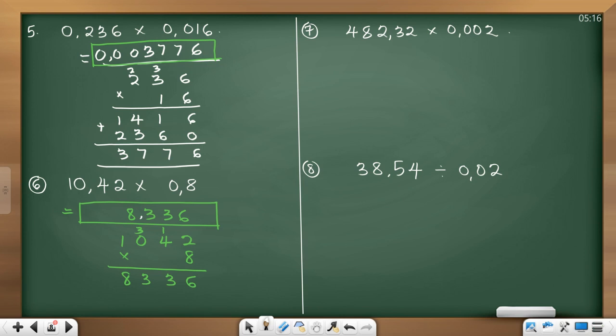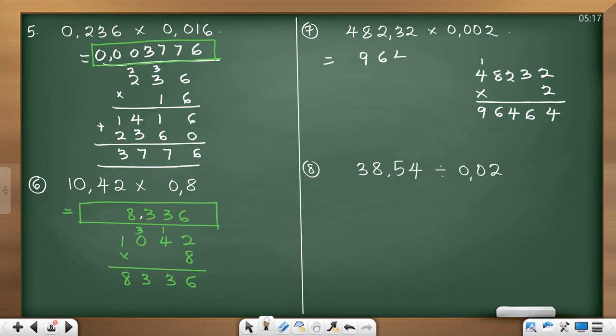Next one. Also, what do I have? Let's just do it here. 48232 multiplied by 2. Okay, simple. 2 times 2, 4, times 3, 6, times 2, 4, times 8, 16. 2 times 4 is 8 plus 1, 9. Okay, how many decimals do I have?